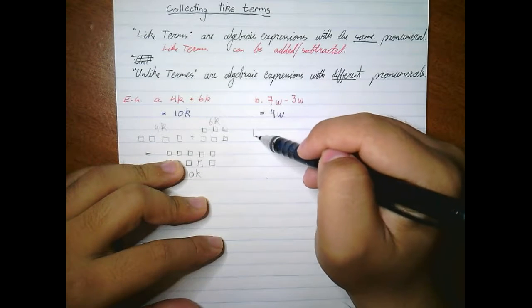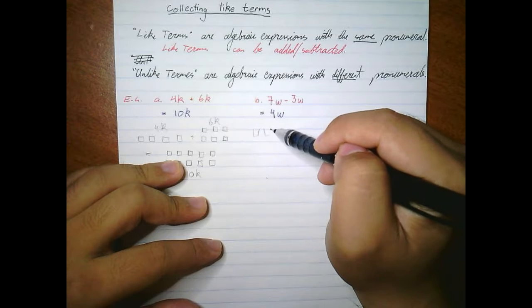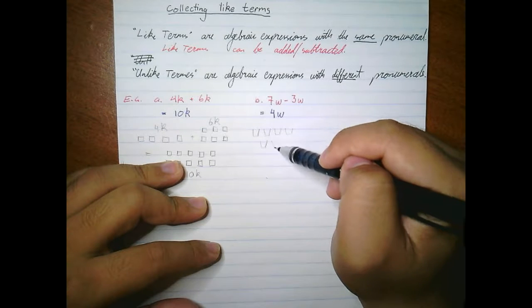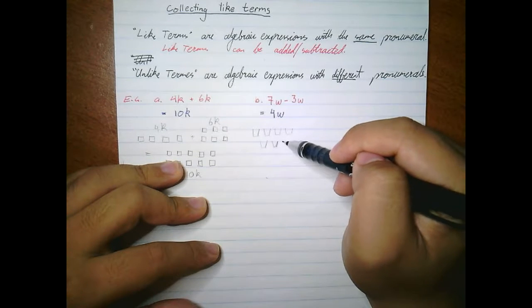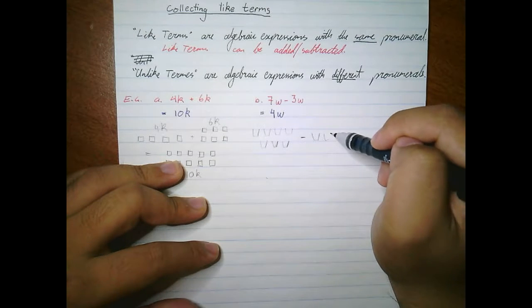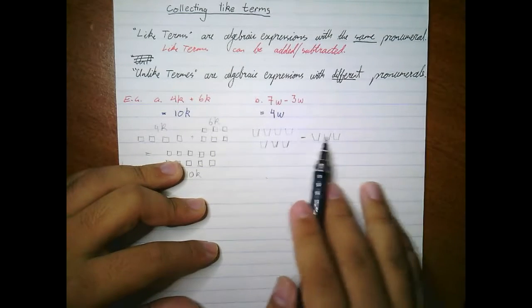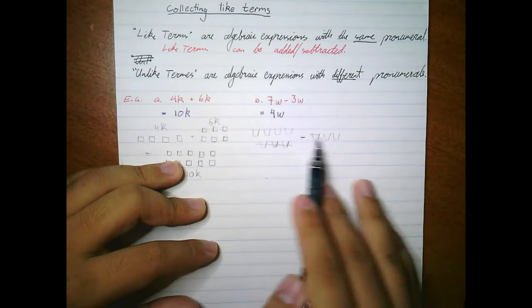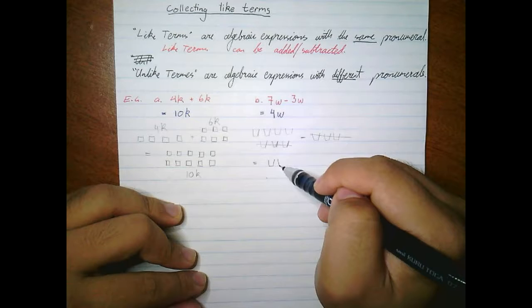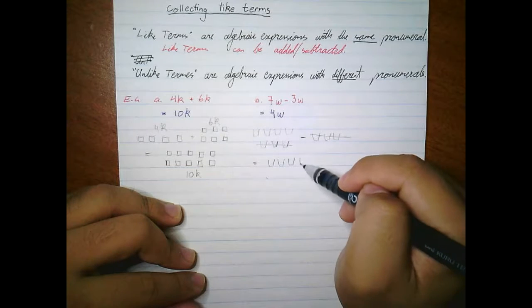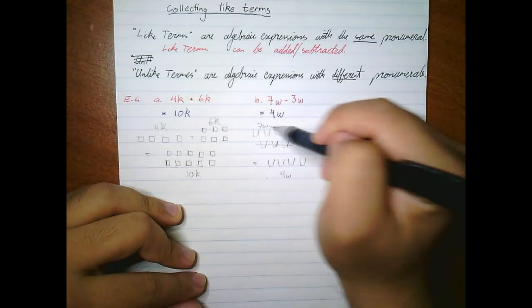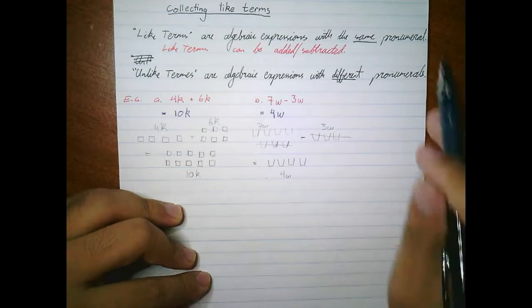We have 7 buckets, and we subtract 3 of them. We're left with 4 buckets, that's 4w.